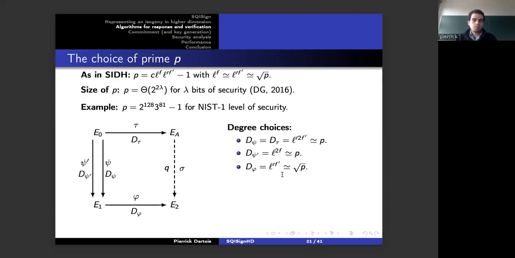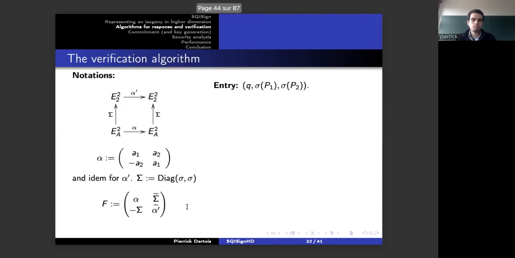And so for the size of these degrees, we take approximately p for the secret key and the commitment in order to have security level lambda. So mainly it means that the public key and the commitment are random in the isogeny graph. And for the challenge, we only need square root of p, because we need a challenge space of size 2 to the lambda to ensure soundness security of lambda bits.